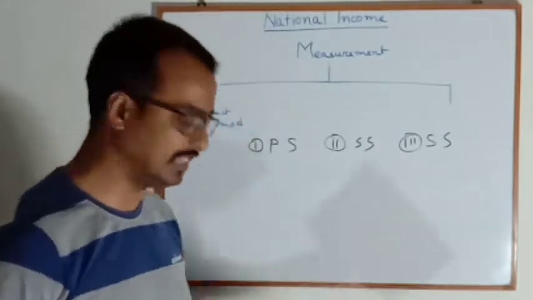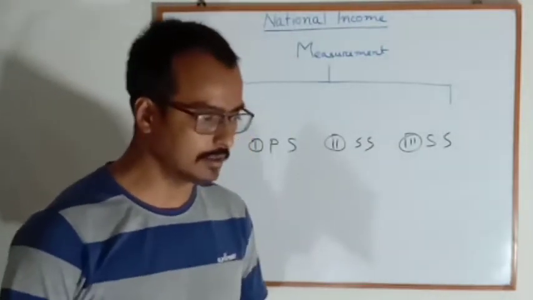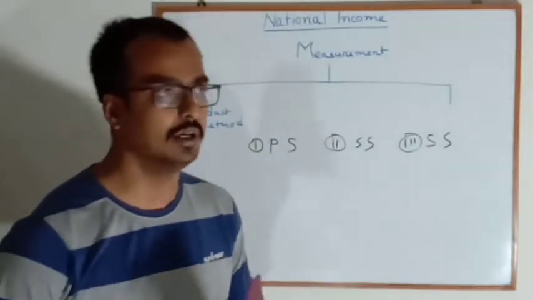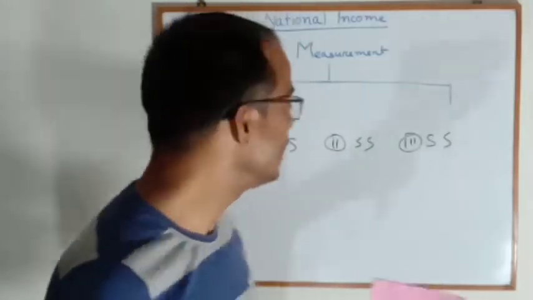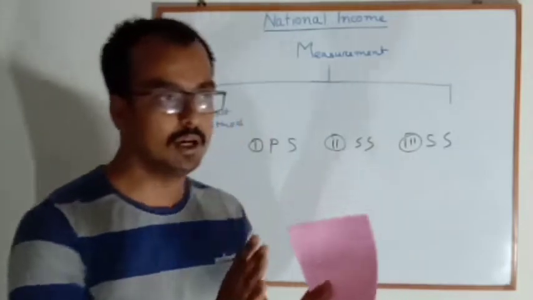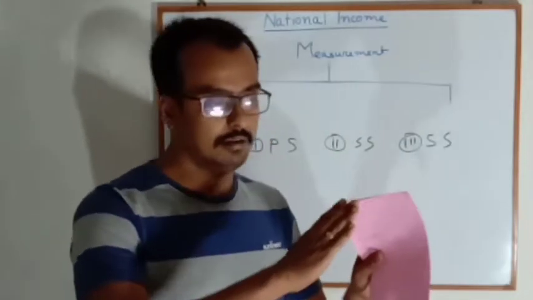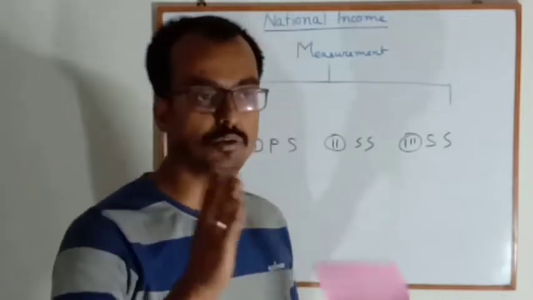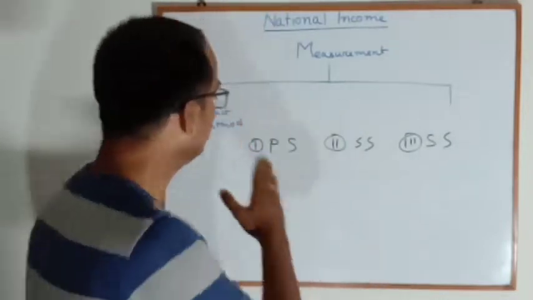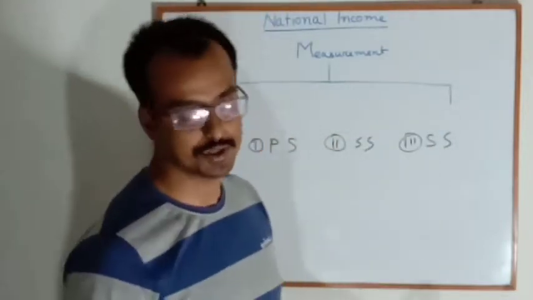Service sector, you know, that includes services like hotel, medical, insurance and all this type of services. So in an economy, first you have to classify the category of work according to these sectors.